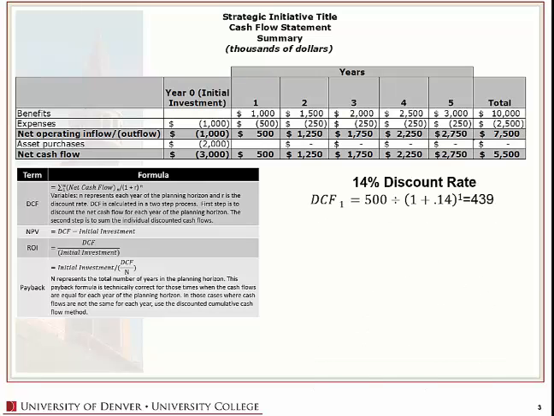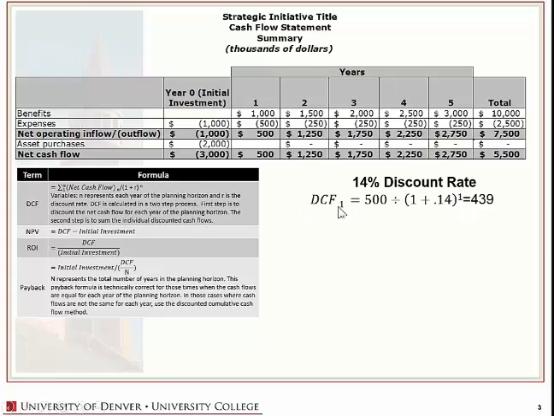So in year one, discounted cash flow is 500 divided by 1 plus the discount rate of 14% raised to the first power, which equals $439,000 in this case. Note the subscript on the discounted cash flow equals the superscript or the power on the factor that determines the discount rate here.